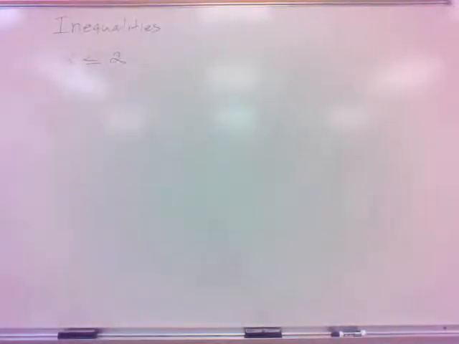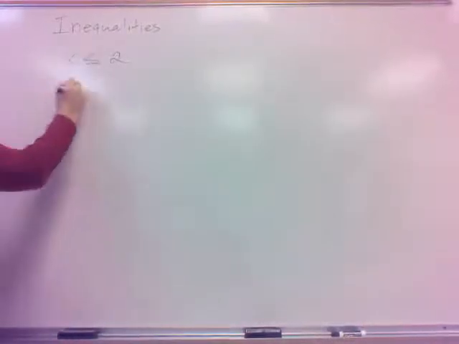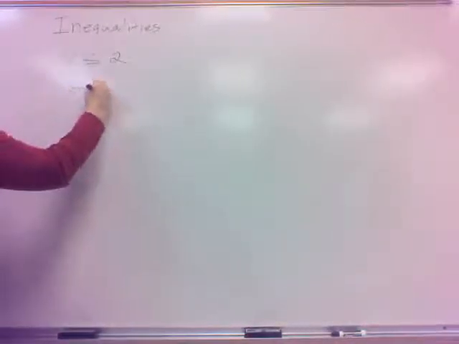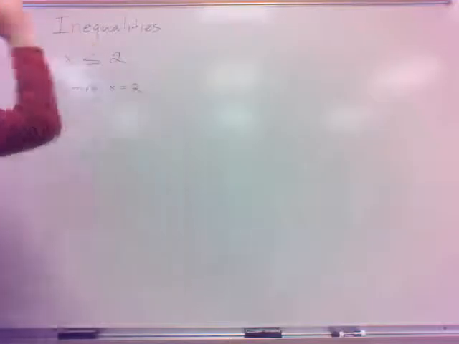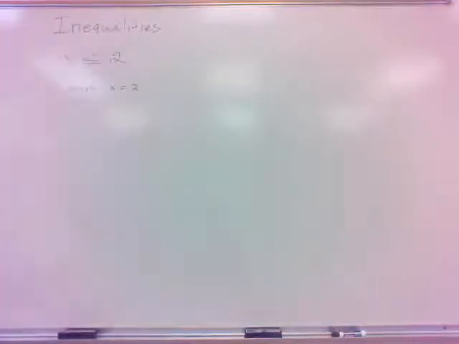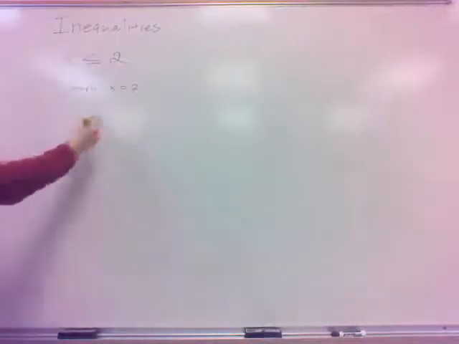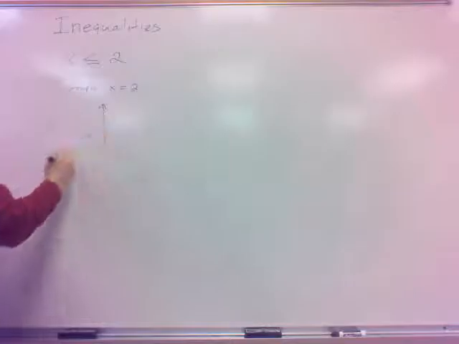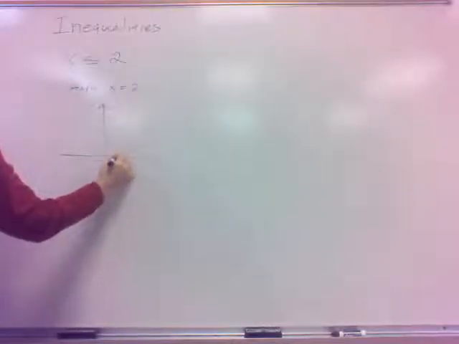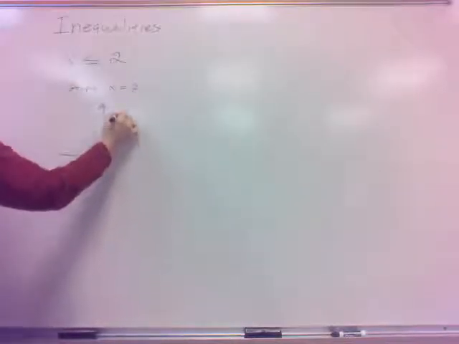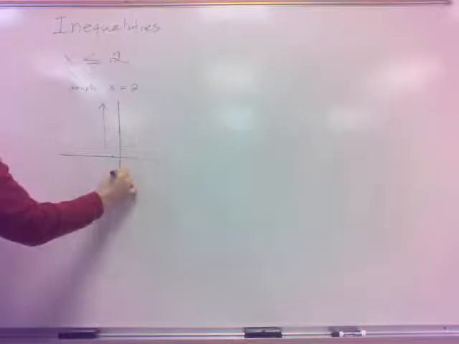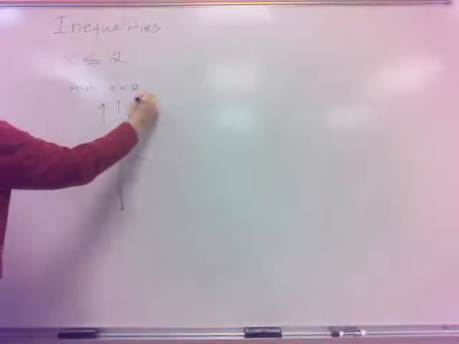If I have x is less than or equal to 2, well, first of all, the graph of x equals 2, the way I usually explain it is the value is always 2. And so, you got 2, 1, 2, 2, 2, 3. So that's the vertical line. X equals 2 is the vertical line.